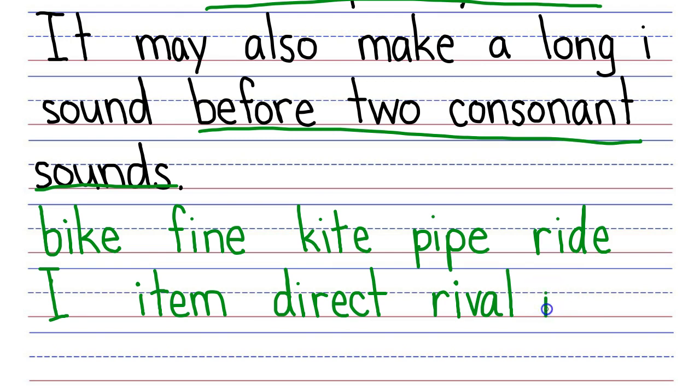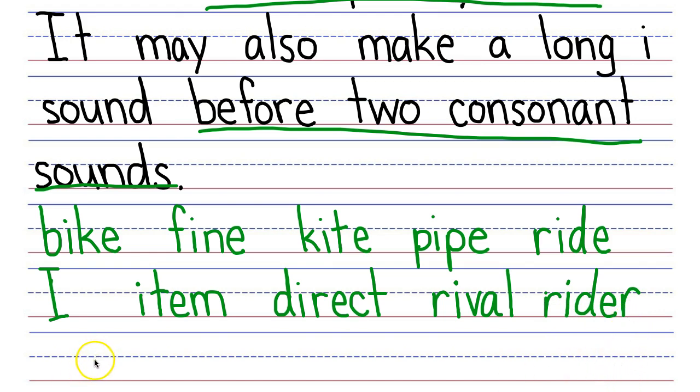First syllable, ri. So we have R that says r and an I that says I, because this syllable is ending in a vowel, which makes it an open syllable, so the I makes its long I sound. And then ter. We have a T that says t, and our phonogram ER. Writer.